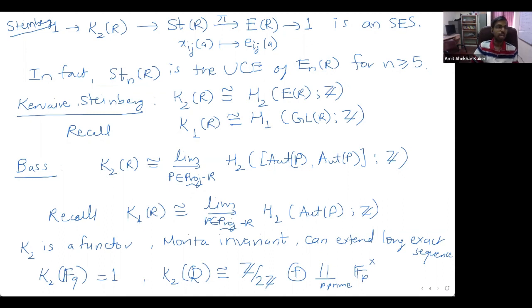So Milnor's name comes into the picture when we are talking about K2. The K2 that was defined by Steinberg's short exact sequence is good in the sense that it completes this long exact sequence. It adds more terms to the long exact sequence, which has the possibility of further extension, which is what Quillen did.